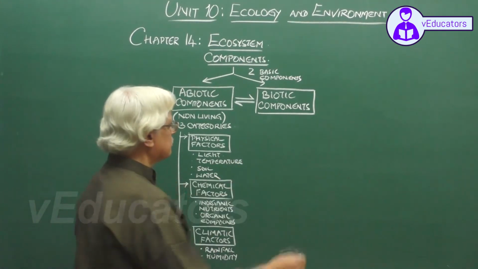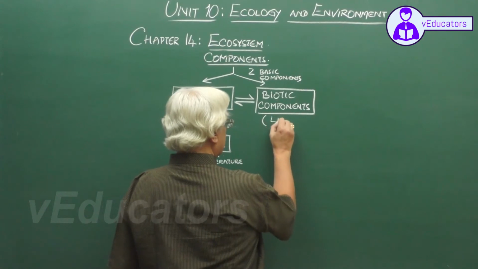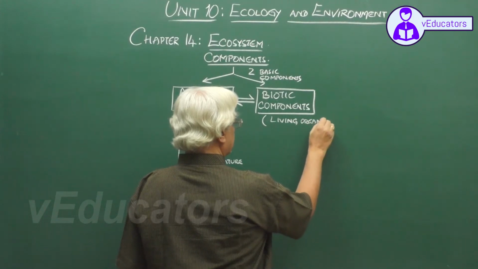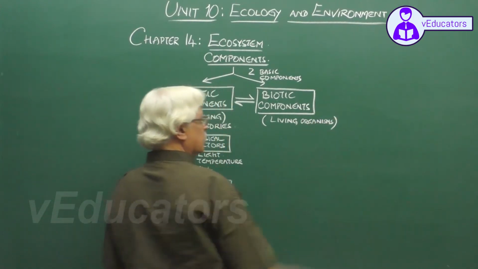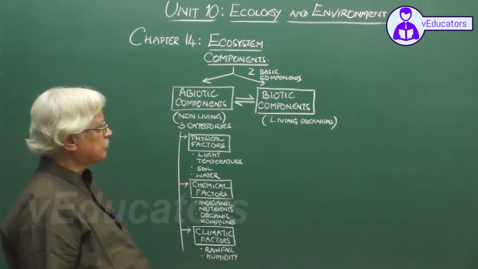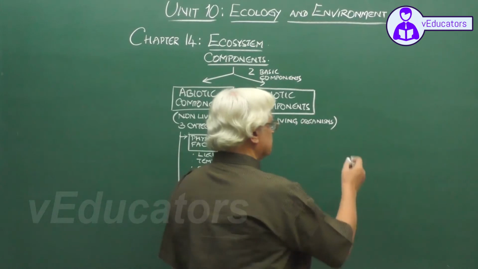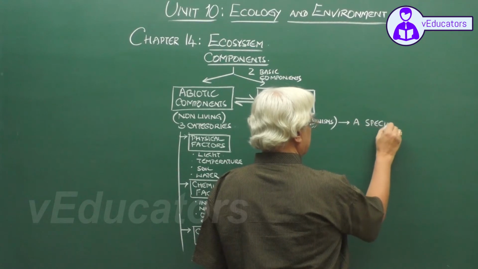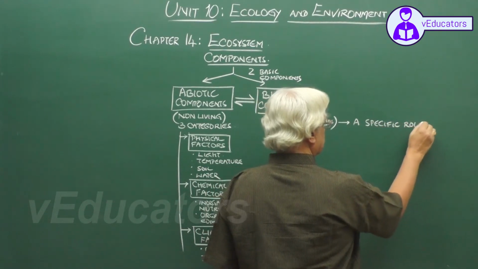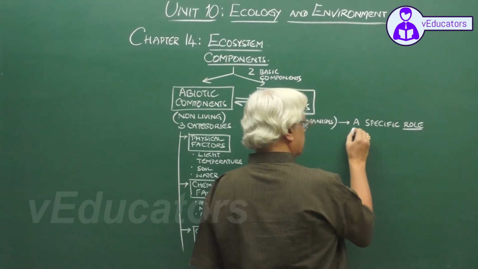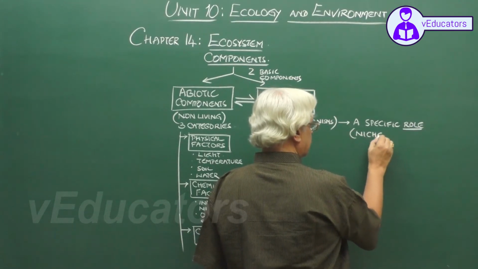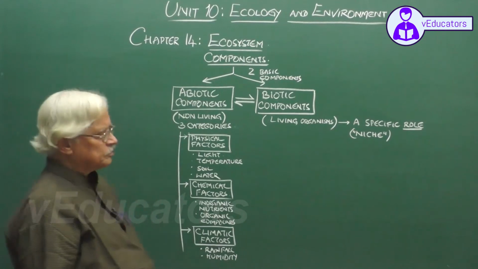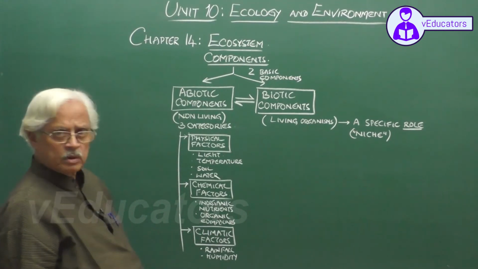The biotic components are represented by the variety of living organisms occupying the ecosystem. Each of these living organisms in the ecosystem has a specific role, which is described as the niche to be performed in the ecosystem.